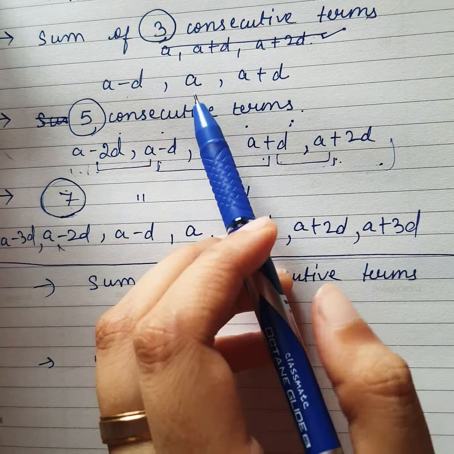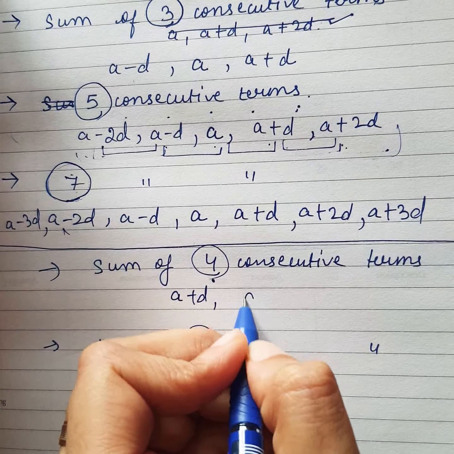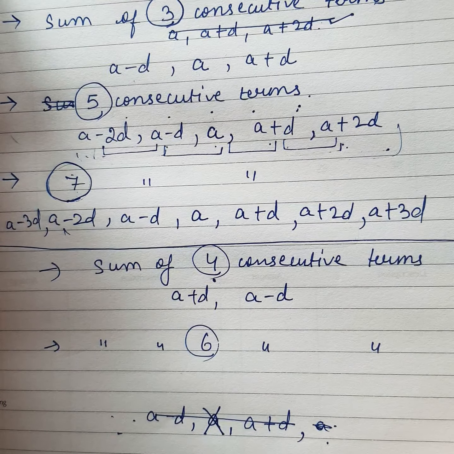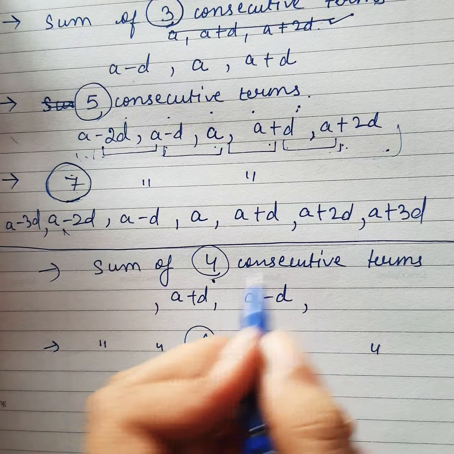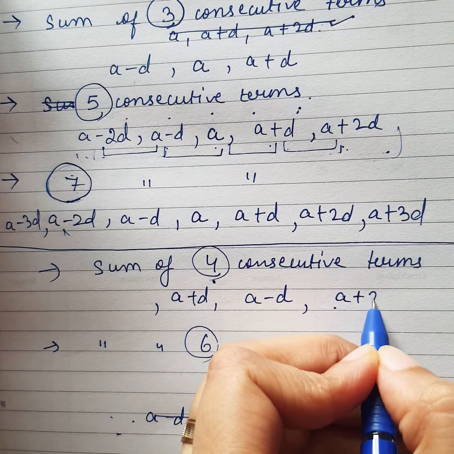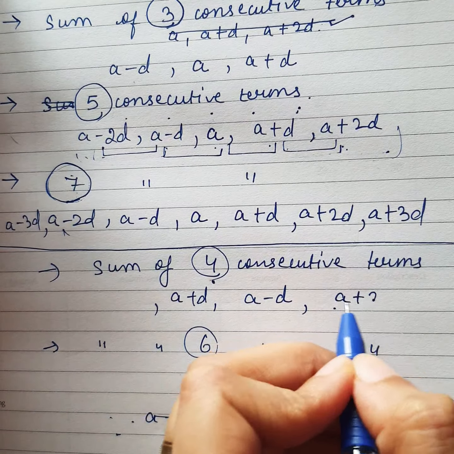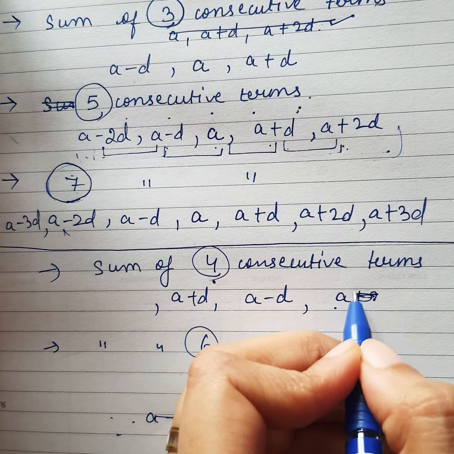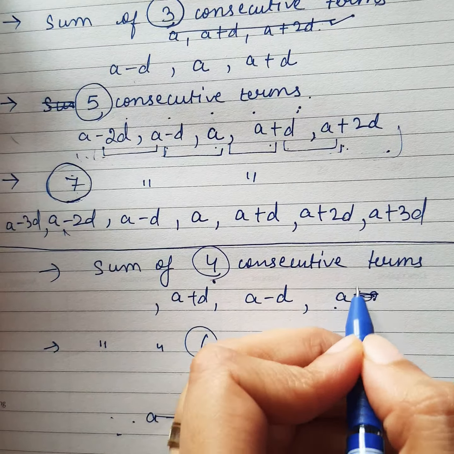So what will I do? I will remove this A in between. I will directly start from A plus D and A minus D. So the other 2 terms will not be A plus 2D, because I have missed one term, so I have to miss one term here and here. So after that, A plus 3D, sorry, minus I have written here, so I'll write minus here, A minus 3D and A plus 3D.